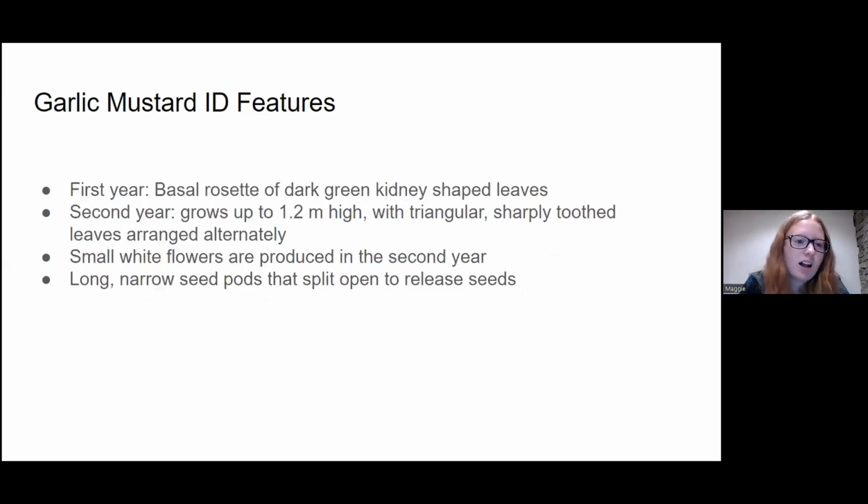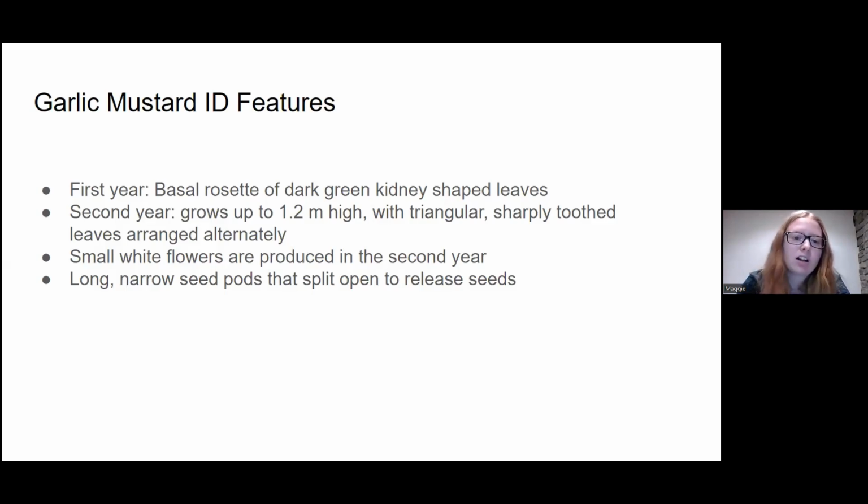I'll go over some ID features first, and then I'll show a slide with the pictures to go along as well. The garlic mustard is a plant that takes 2 years to reach maturity, to be able to flower and produce seeds. The first year, it's a small basal rosette of dark green kidney-shaped leaves.